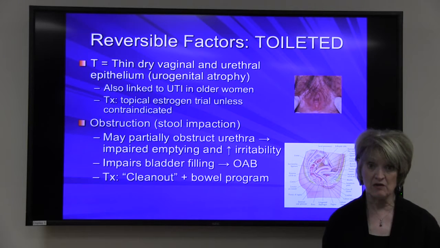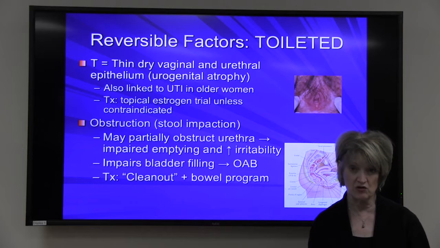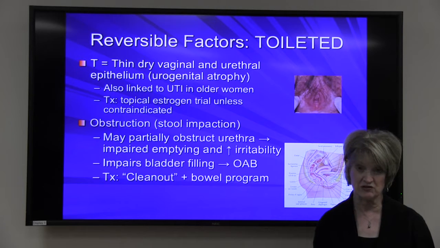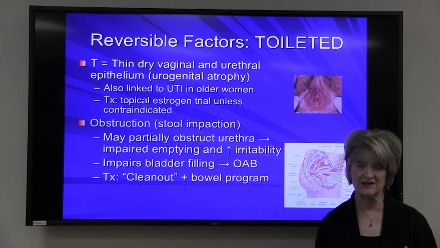In beginning topical estrogen, you can use any of the forms that are on the market. You can use the creams, you can use the intravaginal tablet, or you can use the S-ring, which is a little intravaginal ring that releases estrogen at a sustained rate for 90 days.